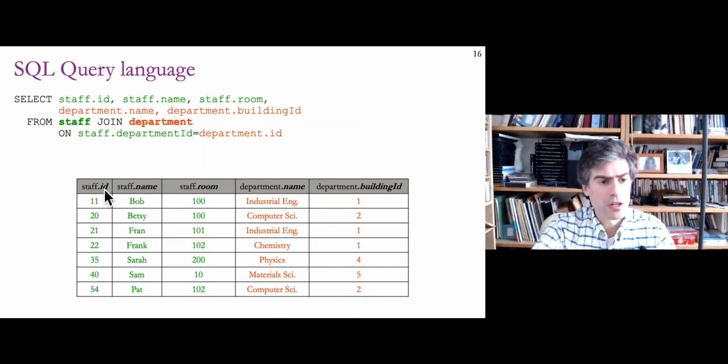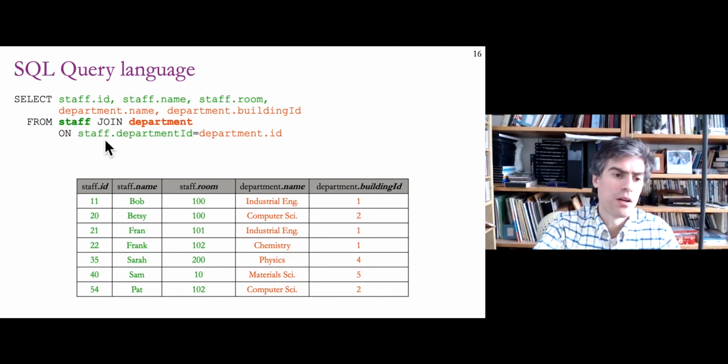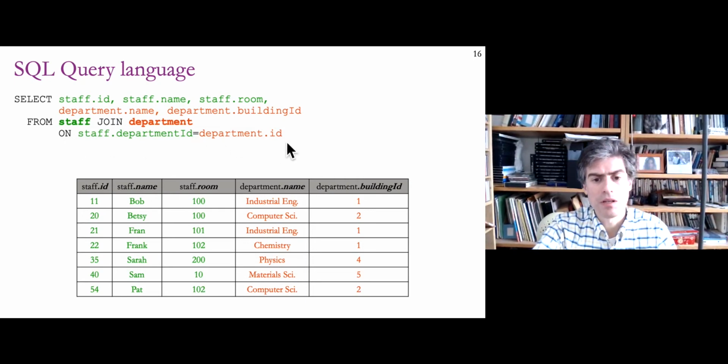So it's printing out those columns that are being selected, which we see here in the results. Those are coming from 2 tables, staff and department. There's a word join between them because those tables are joined together. The way they are joined is by connecting on the staff.department ID equaling the department.id.